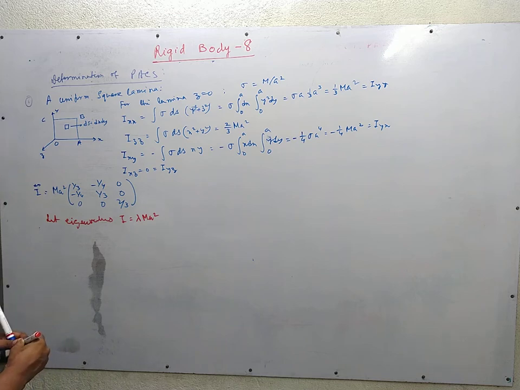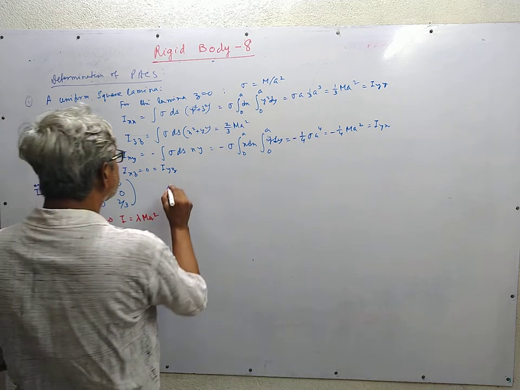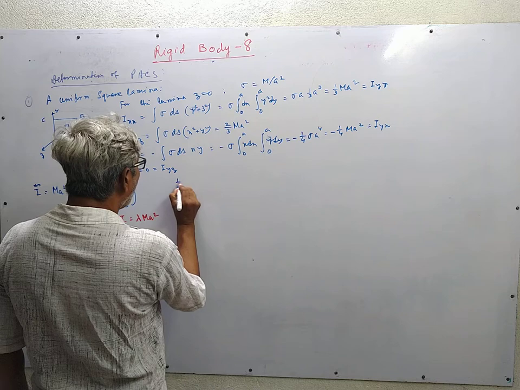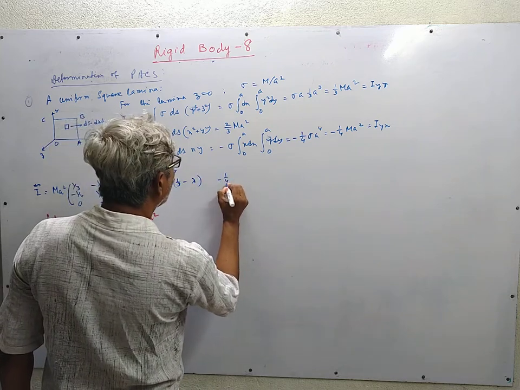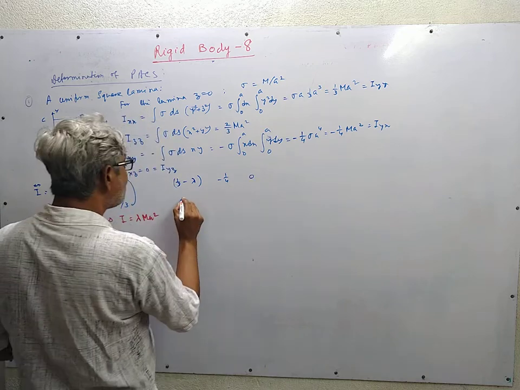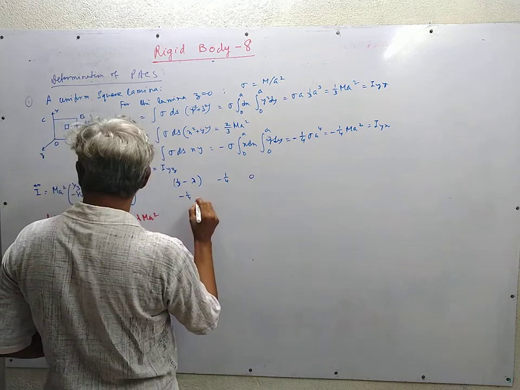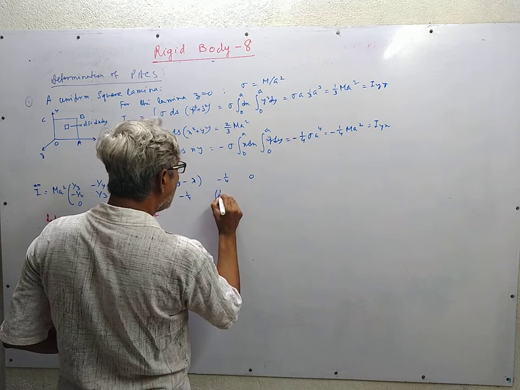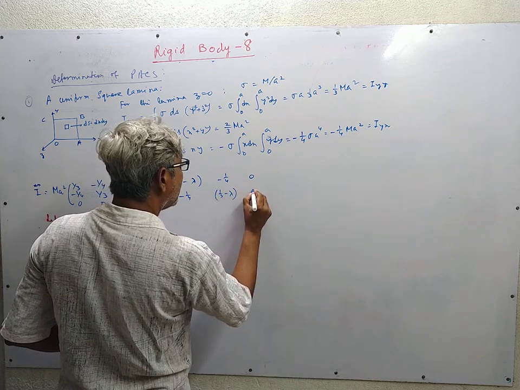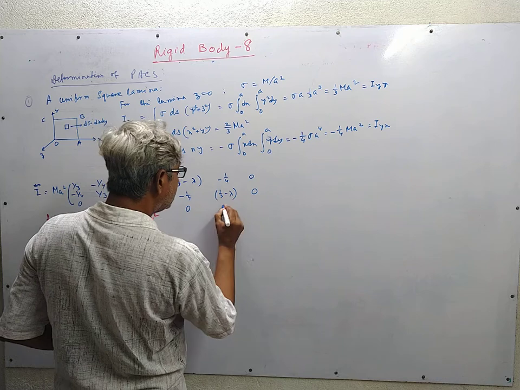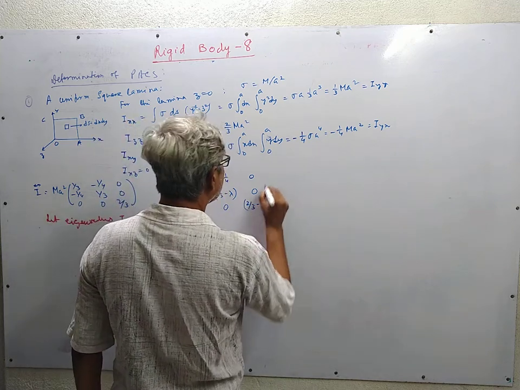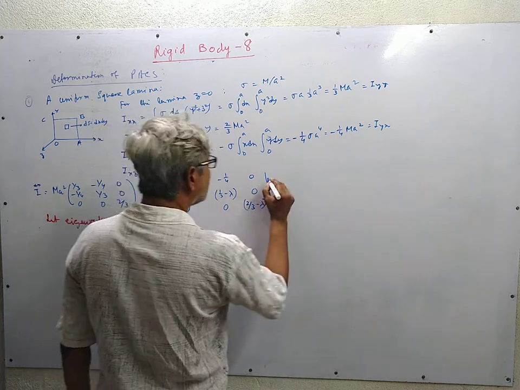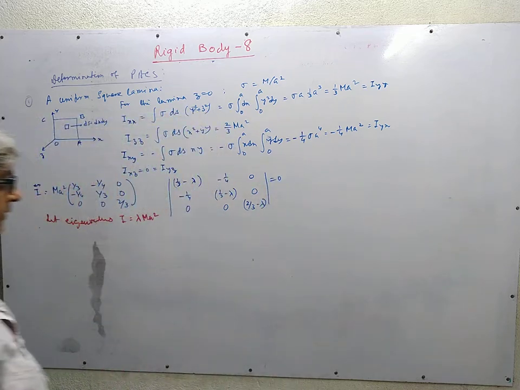So the secular determinant comes out to be: 1/3 minus lambda, minus 1/4, 0; minus 1/4, 1/3 minus lambda, 0; 0, 0, 2/3 minus lambda. This is equal to 0. This is the characteristic equation or secular equation.